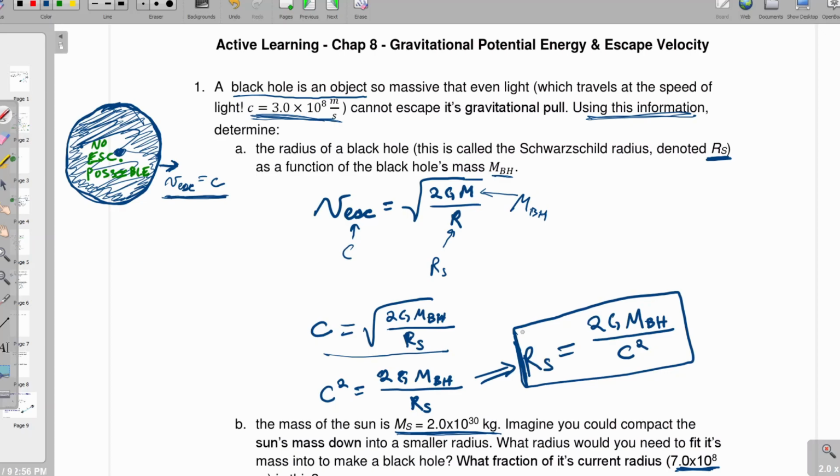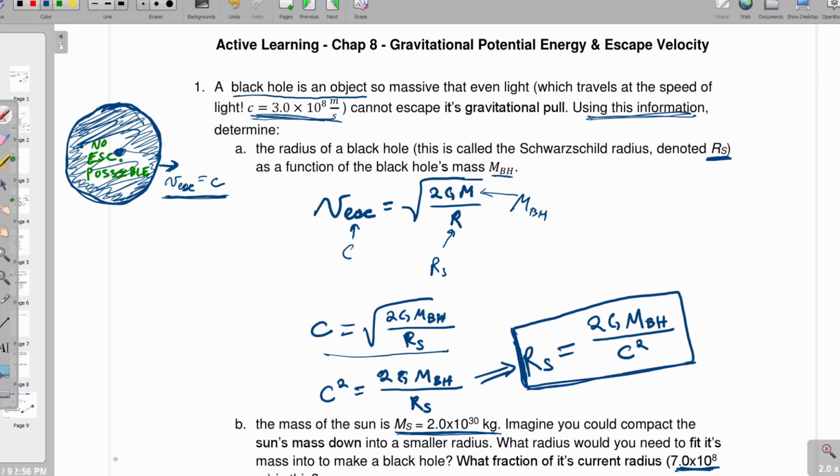What's interesting is that we just solved this problem using Newtonian mechanics. That would not necessarily be the correct way to solve this problem. You might think that you'd have to use general relativity, and it turns out that when you use general relativity, you get the exact same result. Newtonian mechanics is actually applicable in this case because the escape velocity comes from this formula about what happens when you're an infinite distance away.